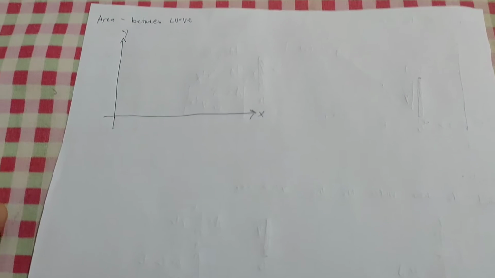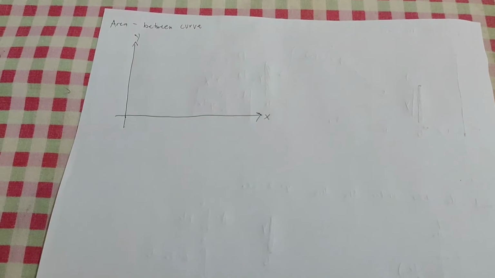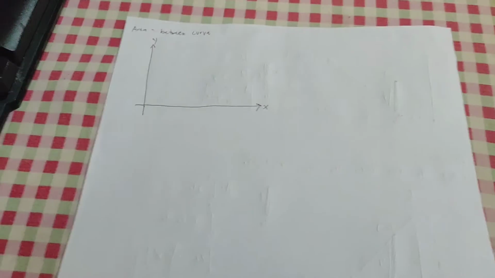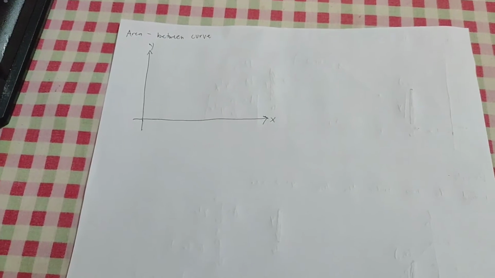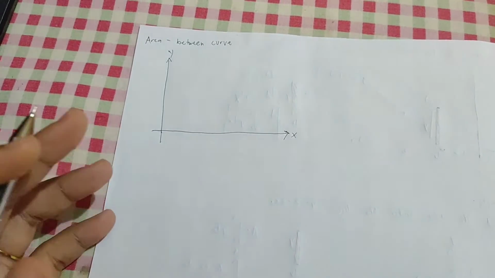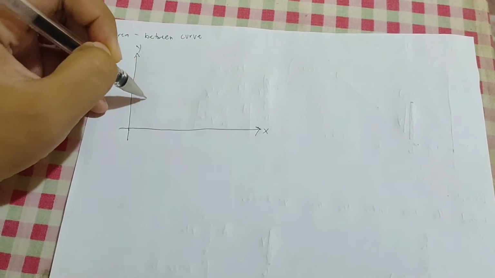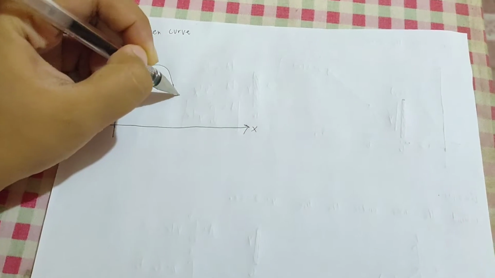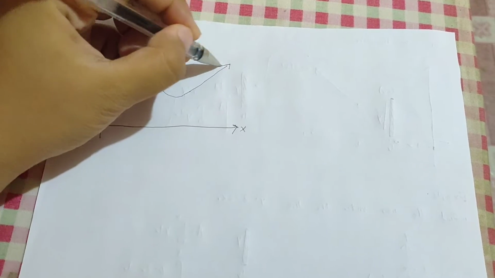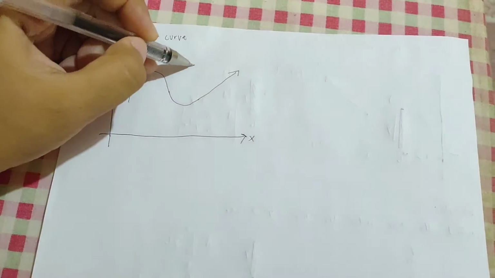Our next topic, which is area between curves. The concept of this is, let's say we have this, and then we have a line here.